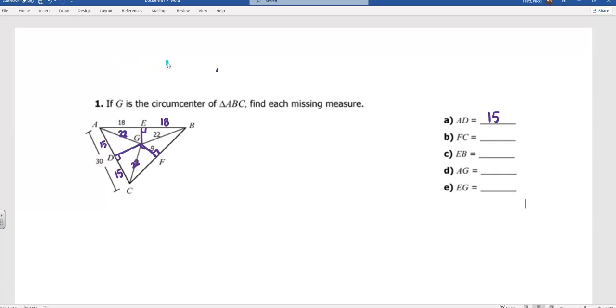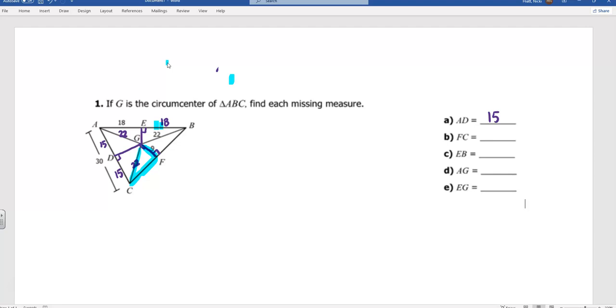I'm going to highlight this. Imagine that's all you had.